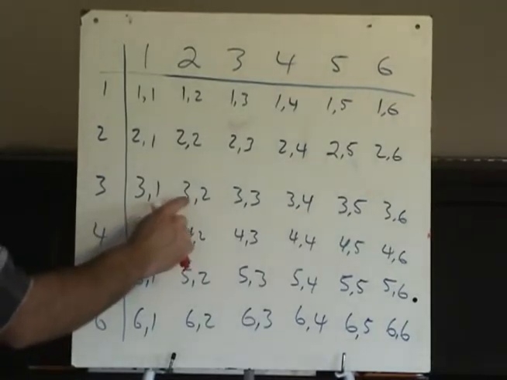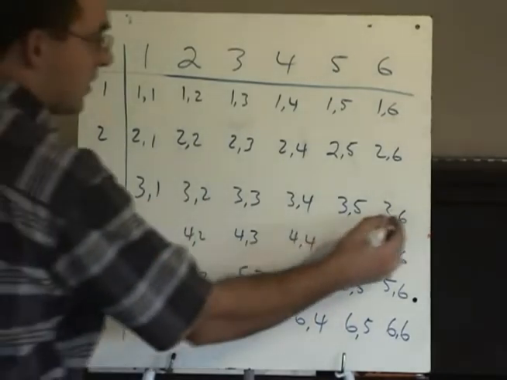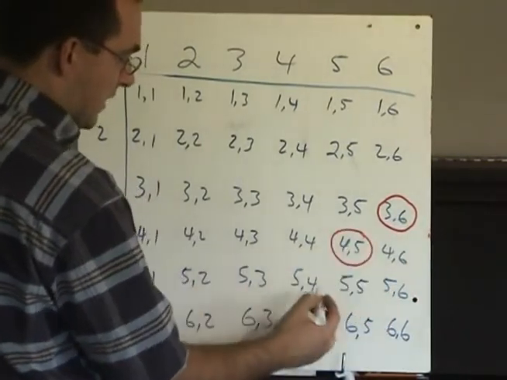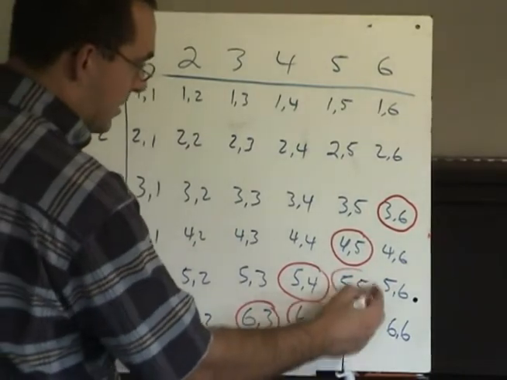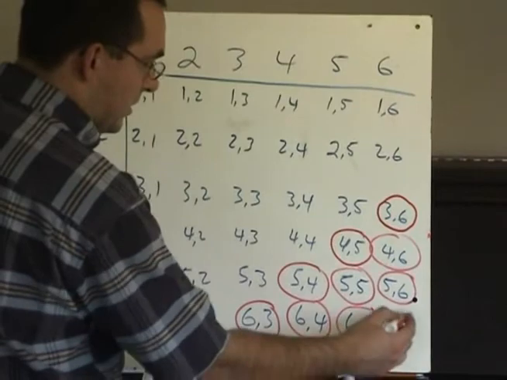So if I looked at this one, 3 plus 2 is only 5, so I'm not going to consider that, but here's one. 3 plus 6 is 9. 4 plus 5 is 9. 9, 9, 10, 10, 10, 11, 11, and 12.